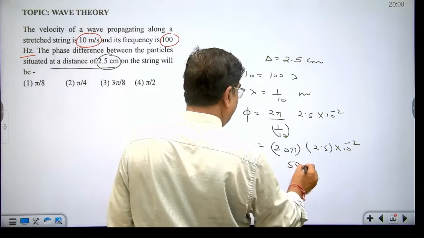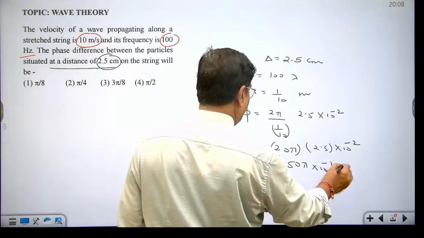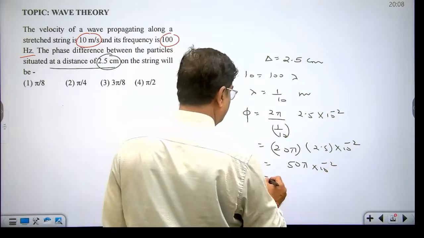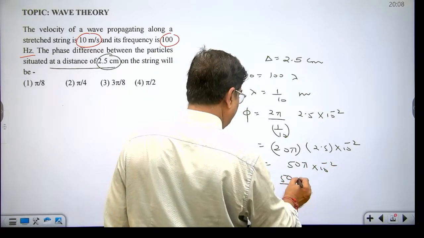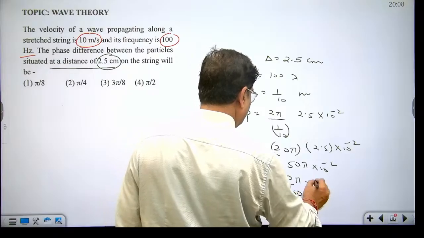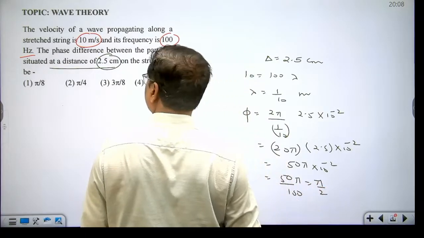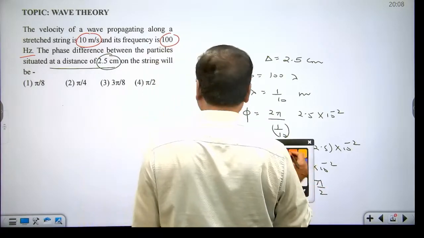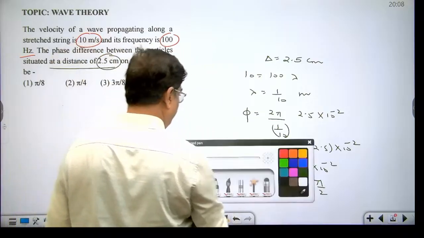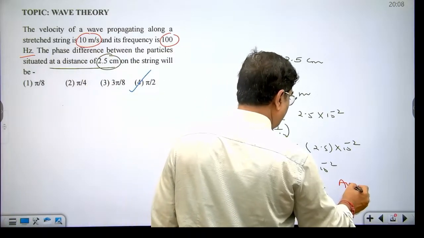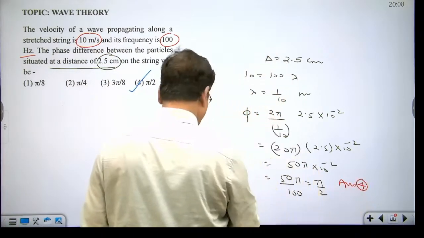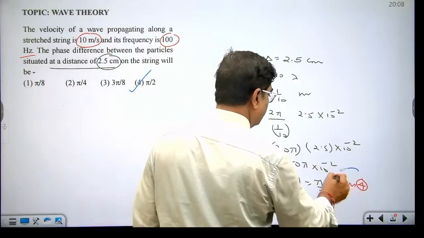This is 50 pi into 10 power minus 2. So this is 50 pi upon 100. So this is pi by 2. So out of 4 choice, the correct choice is option 4. Option 4 is the correct answer.